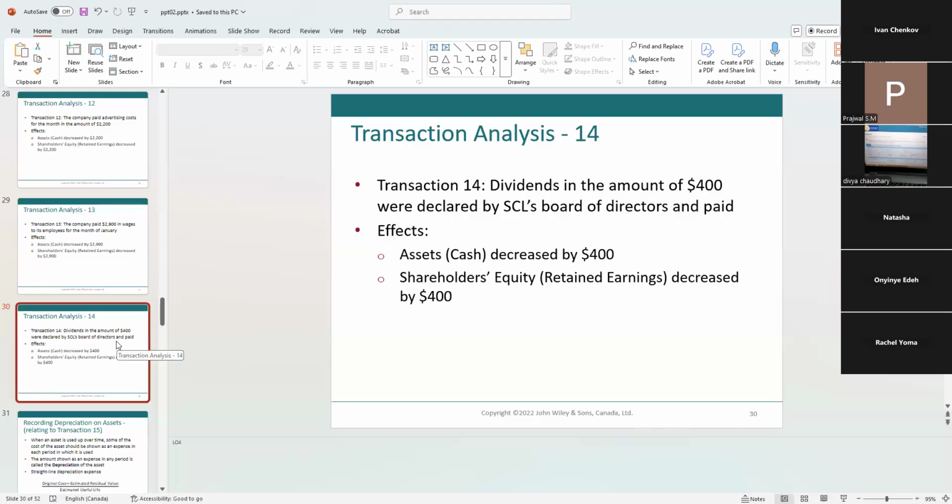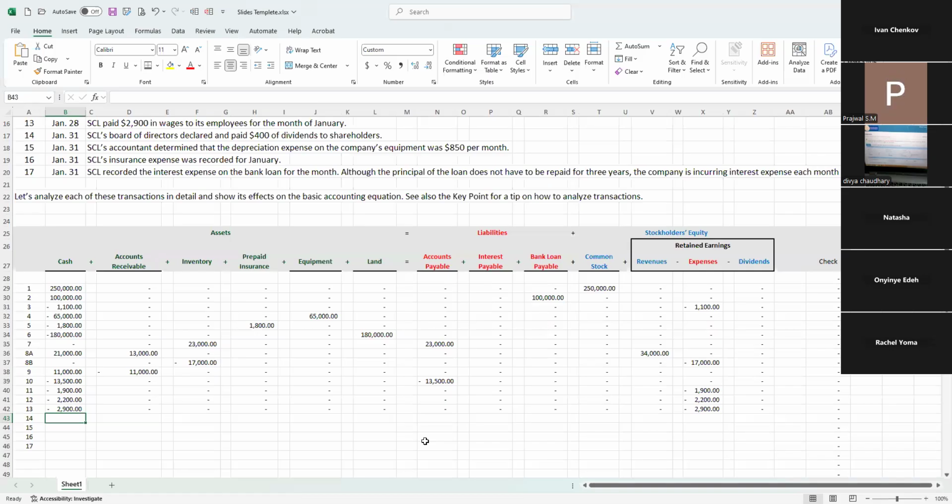Let's see what's the next one. Now the owner wants dividend. Okay, let's give him a dividend. If we give him dividend, we have to pay him cash. Cash, minus 400.